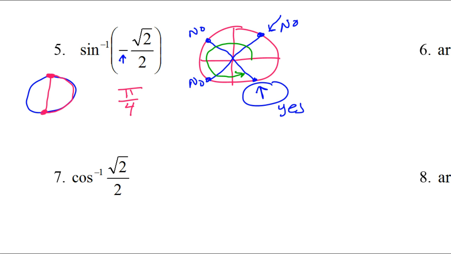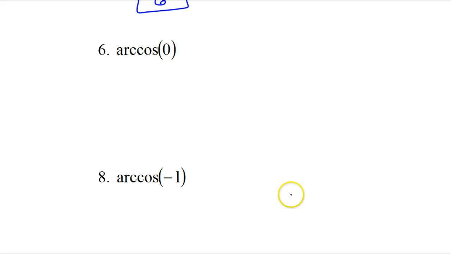Instead, the only thing that you're allowed to call this is negative pi over 4. Okay, because that way you're staying on this side of the circle. You're not going outside of that. So we have to call it negative pi over 4. Okay, I'm sort of over-explaining this because I know this is new to a lot of you. But every time I do another problem, I'm going to go a little faster.